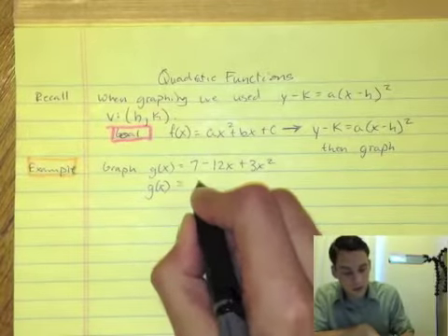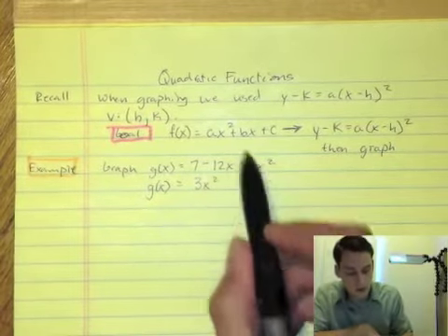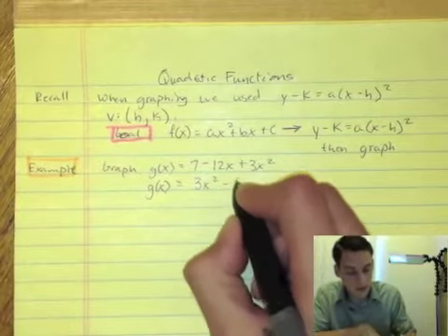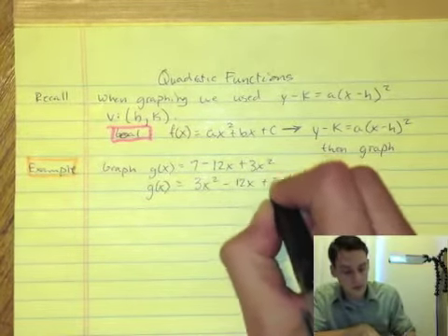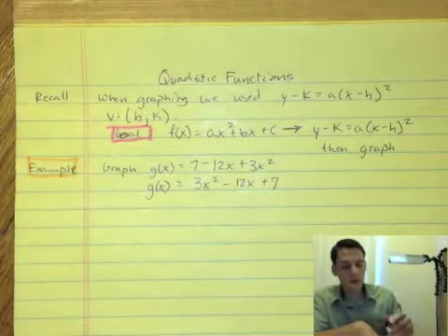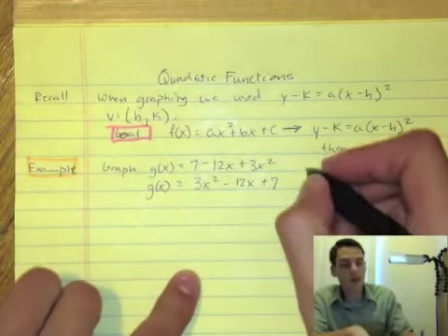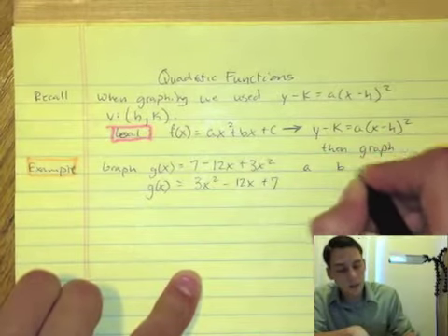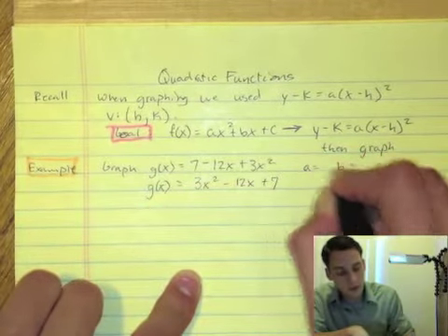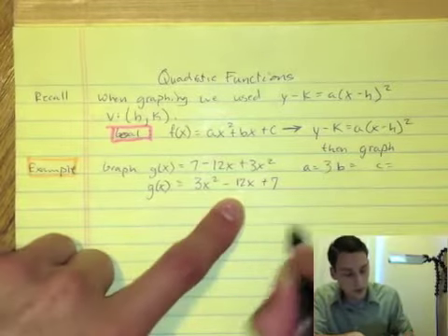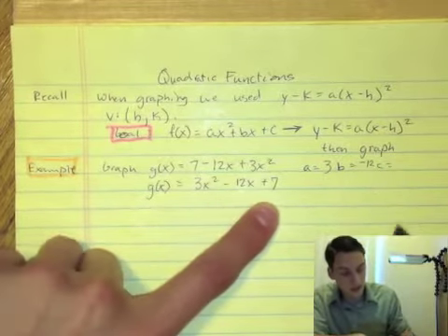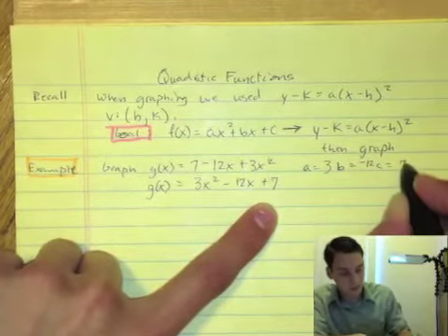So we'll have 3x squared, the x term coming second, minus 12x, and then the c term plus 7. The reason why we put it into standard form is so we can identify a, b, and c without making any mistakes. So a is 3, b is negative 12, and c is 7.